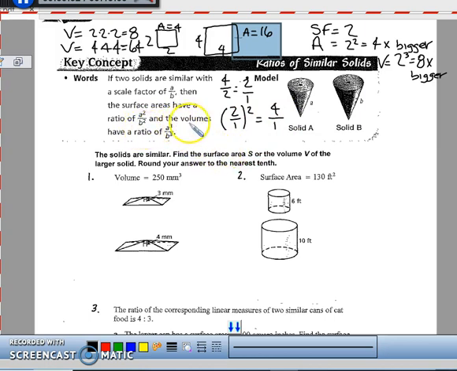Then it's telling you the volumes have a ratio of A to the third over B to the third. So I take that same ratio, that 2 to 1, and if it's 3 dimensional, then that means you would cube the scale factor. So that would be 2 to the third is 8 over 1, which I already told you would be 8 times bigger. So that's using numbers, what they're saying there.